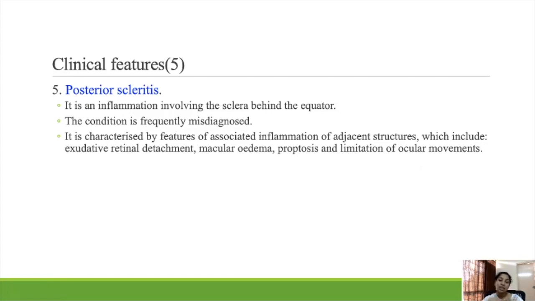So these are the characteristics of posterior scleritis.